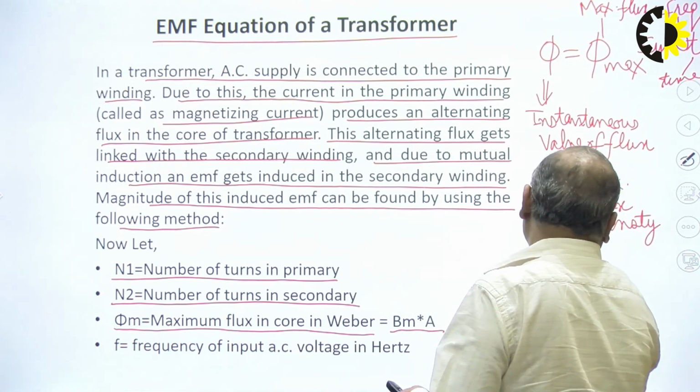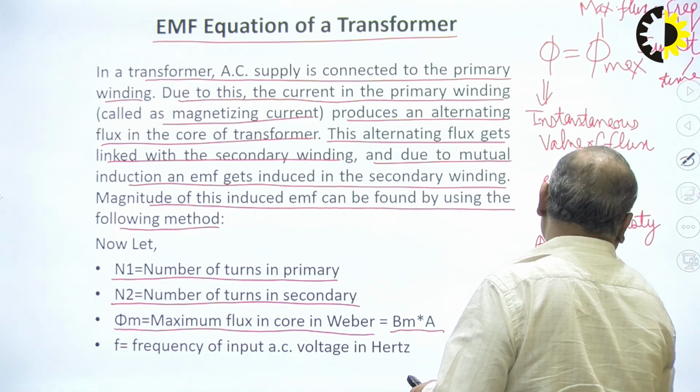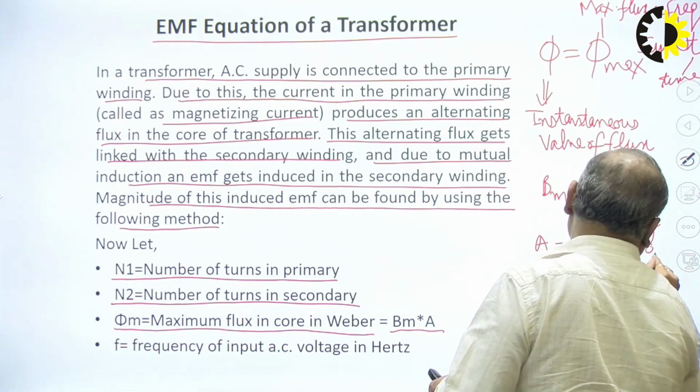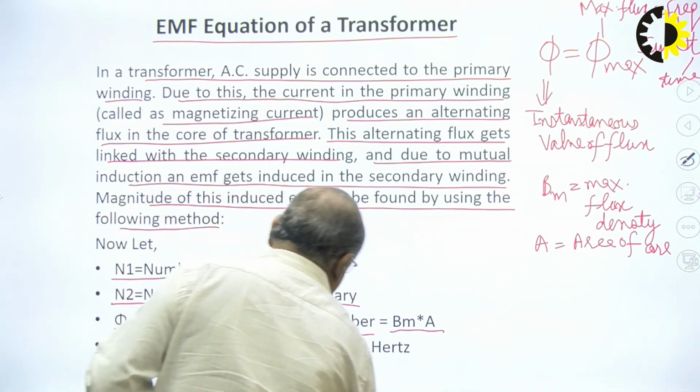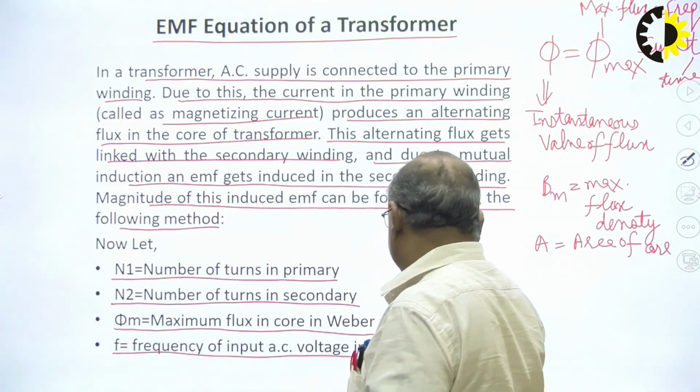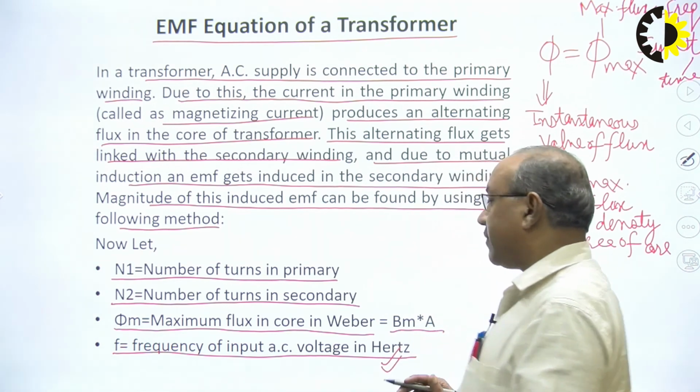F is the frequency of input AC voltage supply in hertz. Hertz is the unit for this frequency.